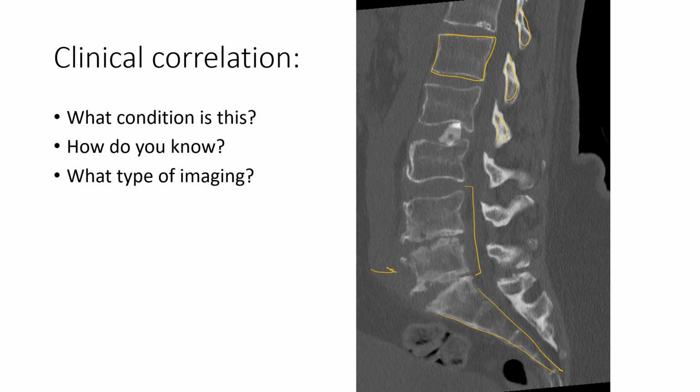Does this vertebra look as nice and tidy as that vertebra? No. What this is referred to is a sclerotic and moth-eaten appearance, and this is indicative of lymphoma of the spine, primarily of L5, although you can see quite a bit of encroachment on L4 as well.